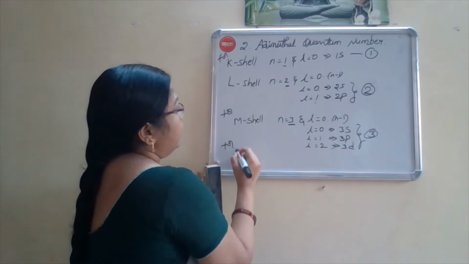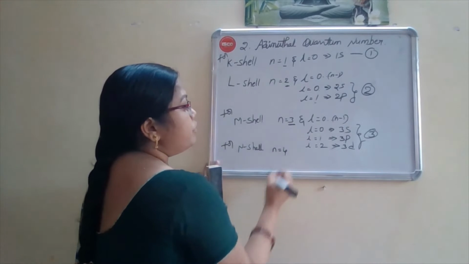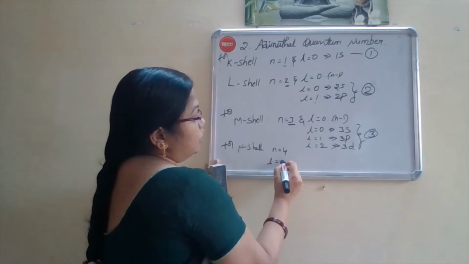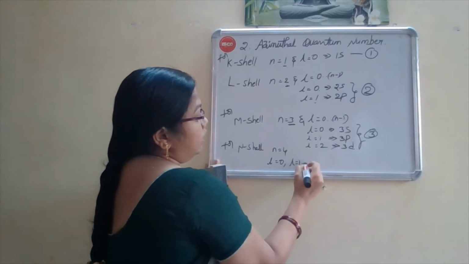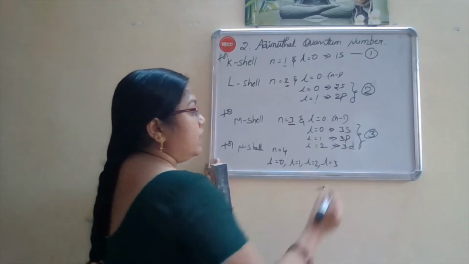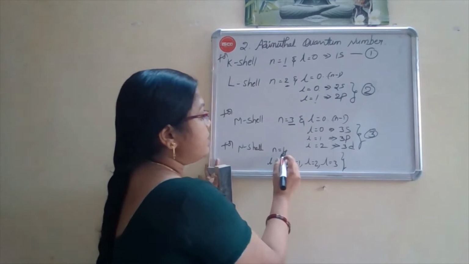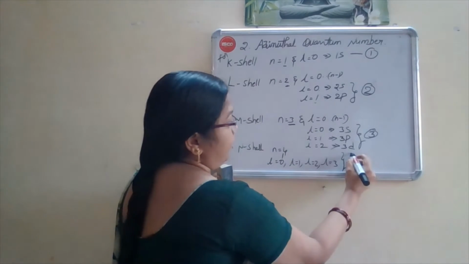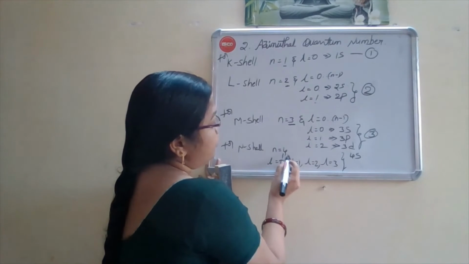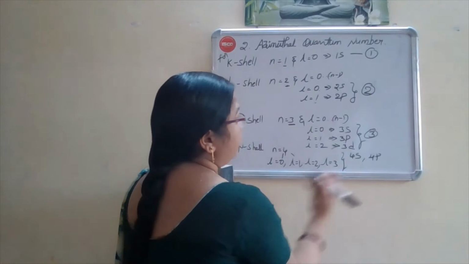For N shell, n equals 4. l values are 0, 1, 2, 3. Available subshells are 4s, if l equals 0. If l equals 1, 4p.